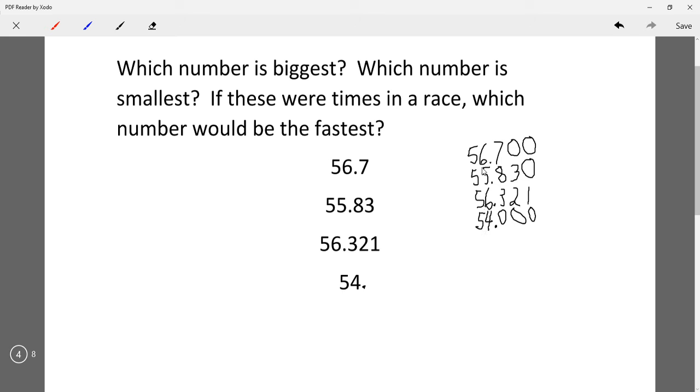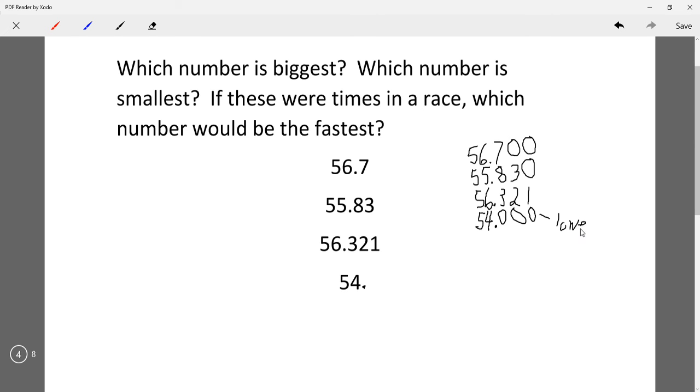So now we want to look at the next column, which is the ones place. Now this one has a 4, which is lower than the 6, the 5, and the 6. That means that since the 4 is the lowest in this column of ones, this is the lowest.